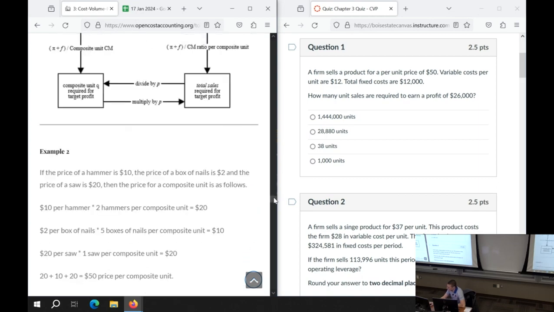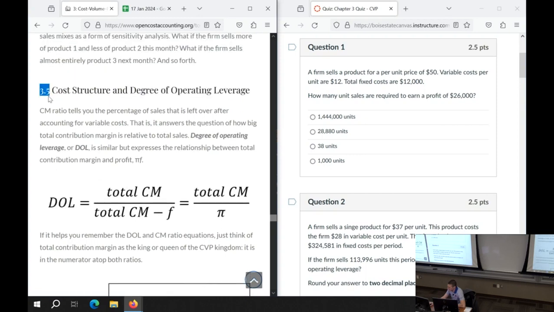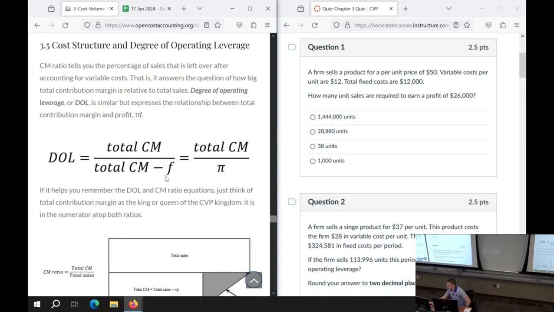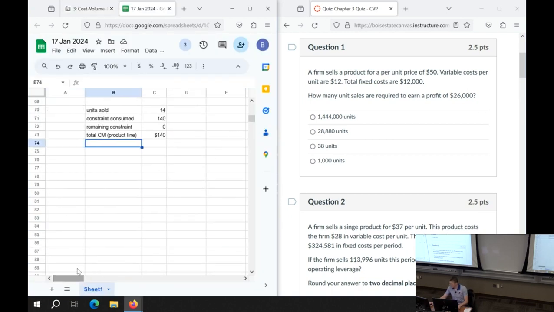Degree of operating leverage is a different animal. I put them together in my mind, but they're different. It's a different section of the textbook and everything. And so what we're trying to do here is describe the other part of the contribution margin style income statement. Contribution margin style income statement says total sales minus total variable costs gives us total contribution margin.